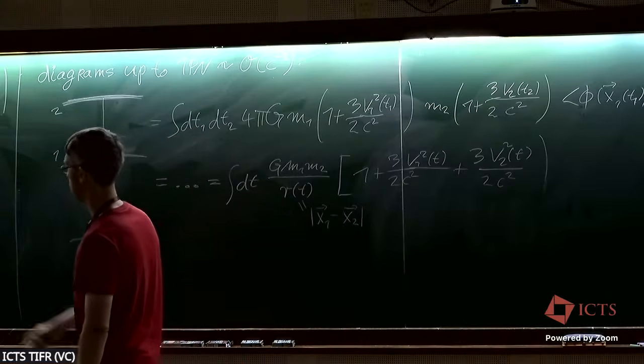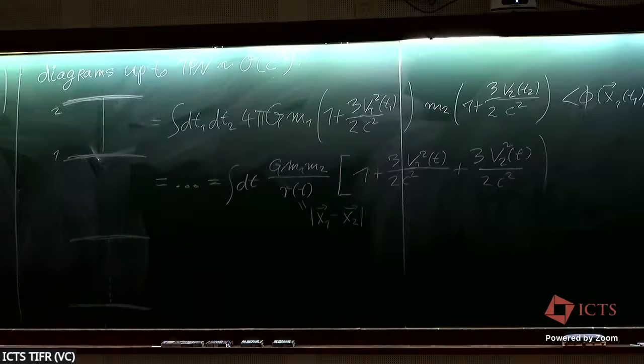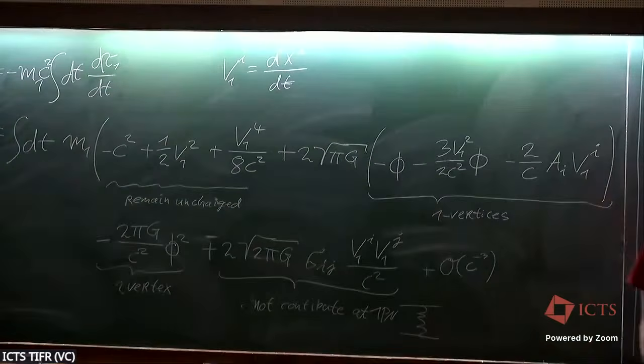And as I said, the third one would be this one, but we can drop. But this actually contributes because this guy goes as 1 over c, right? So if you have 2 of those vertices, it's 1 over c squared, and it's exactly at the right order.